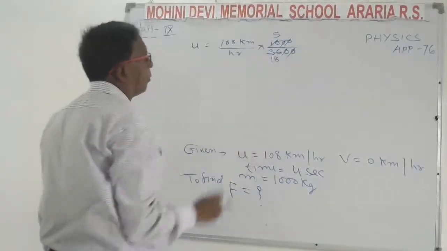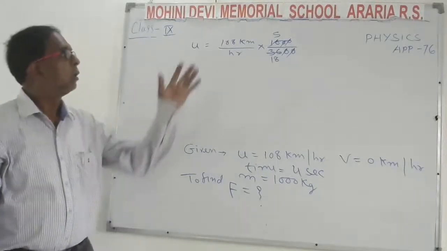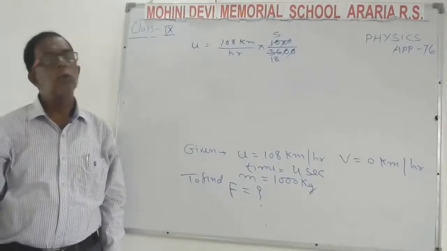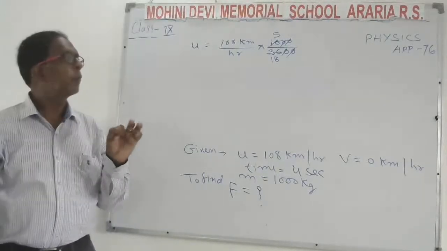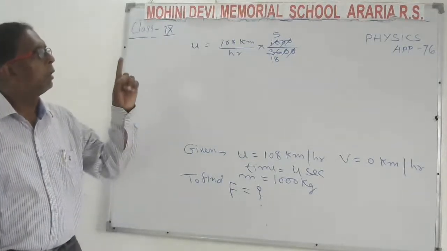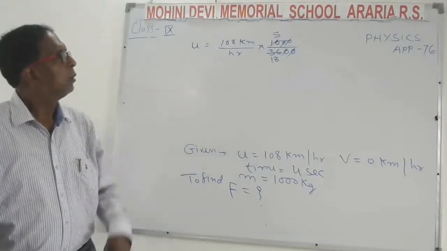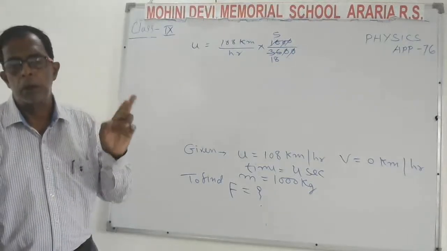This is also a formula to convert kilometer per hour into meter per second: if you multiply the kilometer per hour by 5 by 18, you will get the velocity in meter per second.